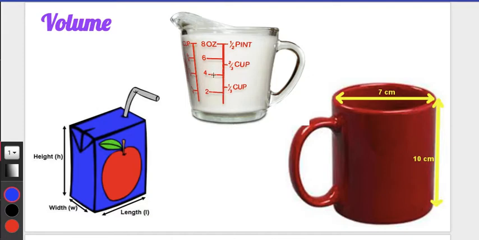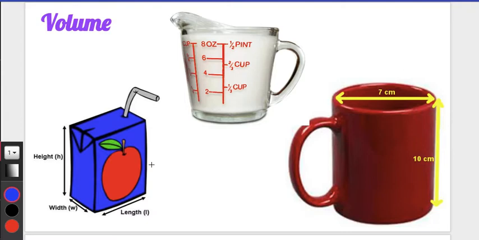All this kind of unit and measurement is actually talking about volume. Even when you drink milk or juice from a box, the amount is actually related to volume. It's talking about how much stuff is in there.